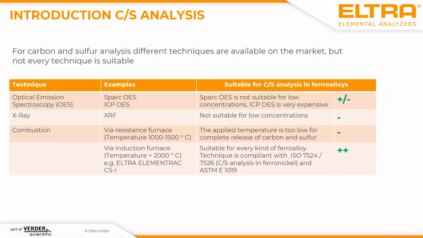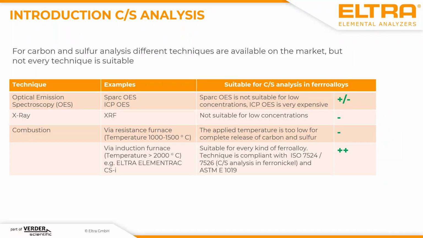But this is not recommended nowadays, because steel or ferroalloys sputter a lot, and under these conditions you will have a lot of destruction of furnaces and tubes and all these things. So this is not a common technique anymore. And it's also problematic when you have a high titanium content, for example. In a resistance furnace analyzer, it's not possible to analyze ferrotitanium.